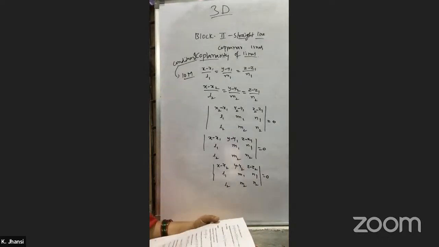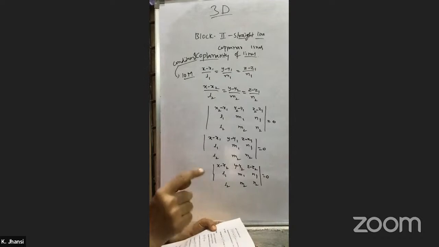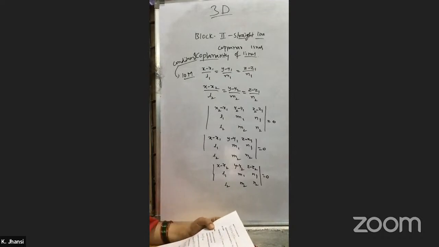Next, problem 4.8.8, page number 119. Prove that the lines, see, one is in symmetrical form and another one is in unsymmetrical form. So you can convert the unsymmetrical form into symmetrical form, and we can show whether they are coplanar or not. Or else there is one more method.